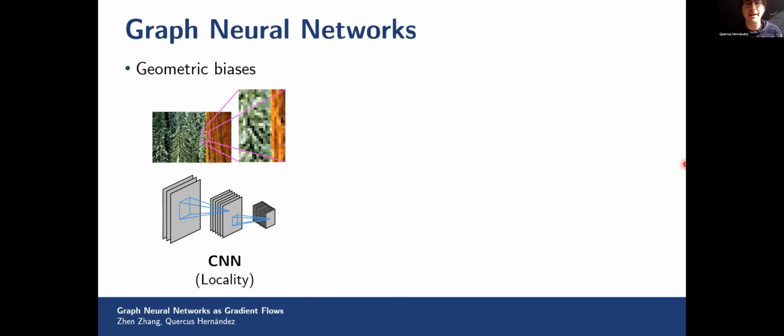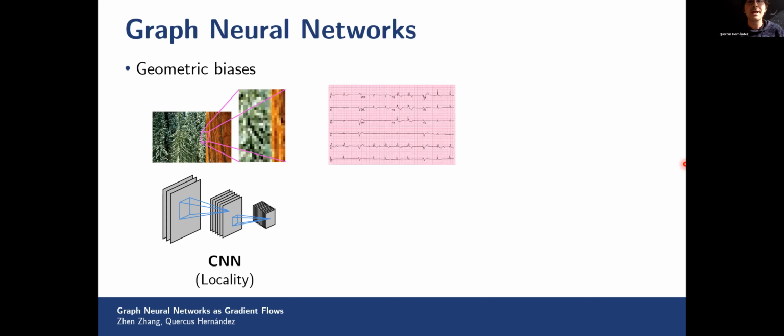They exploit the structure of the data in a regular grid of minimal elements called pixels. Nothing new here. If you have temporal data, the same way, you have evenly spaced snapshots of a continuous phenomenon, so you can use recurrent neural networks to exploit the sequentiality of the data.